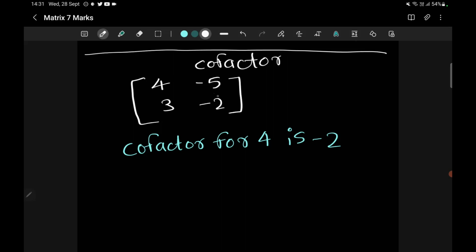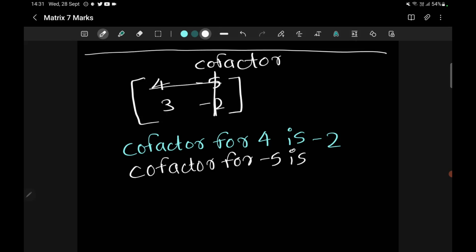Now if you want to find the cofactor for minus 5, it's the same. You have to draw one vertical and one horizontal line, and the remaining is 3. Therefore the cofactor for minus 5 is 3.